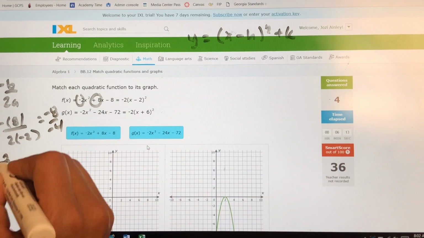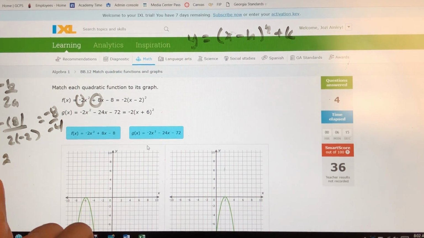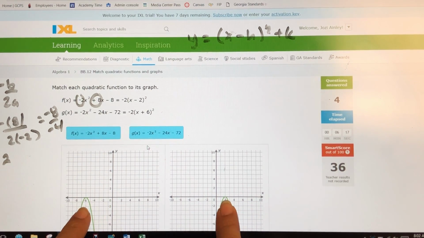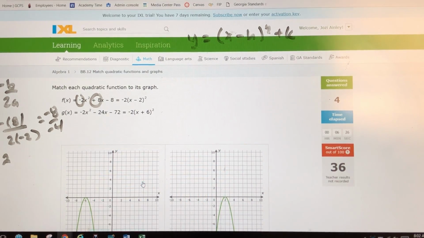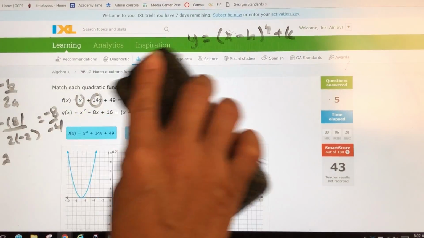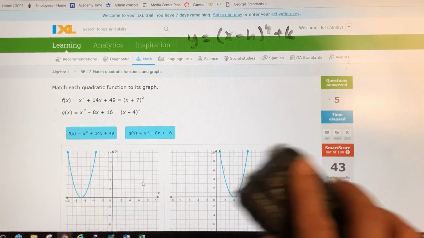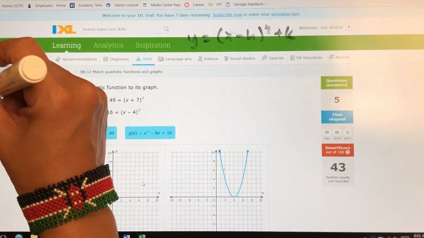So x is positive 2. And honestly, I don't even have to solve for the y yet, because this is where the vertex is, right? So x is going to be 2, not negative 6. So I don't even have to solve for the y. I'll show you one more standard, and then after that I'll stick to vertex because it's actually kind of easier in my opinion.